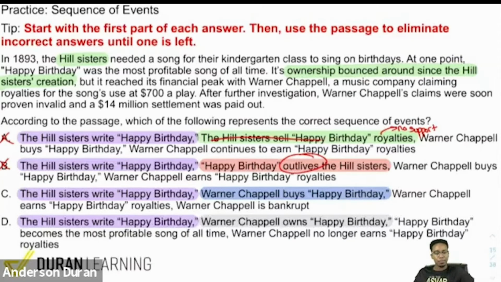Next, C, Warner Chappell buys Happy Birthday. Ownership bounces around, reached its financial peak with Warner Chappell, whichever way you want to pronounce it. A music company claiming royalties for the song at $700 a play.